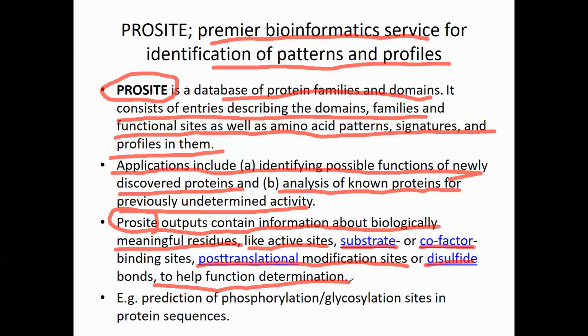An example is prediction of phosphorylation and glycosylation sites in protein sequences. This is a very important example of finding the profile. Phosphorylation, as you know, is an important post-translational modification event in the protein in which a phosphate group, PO4, is attached to the protein.